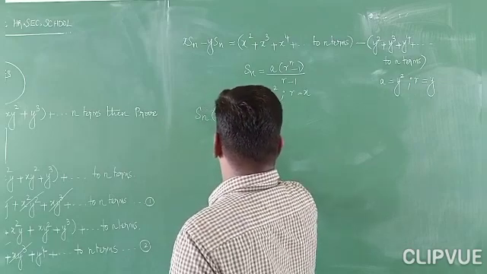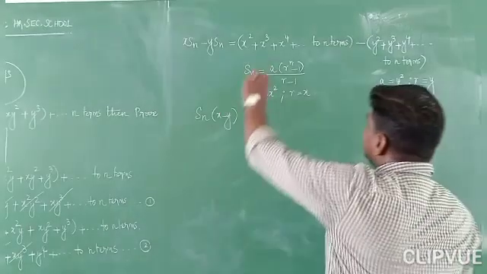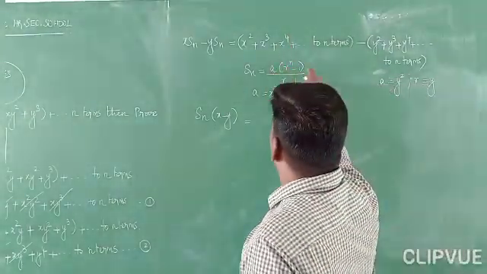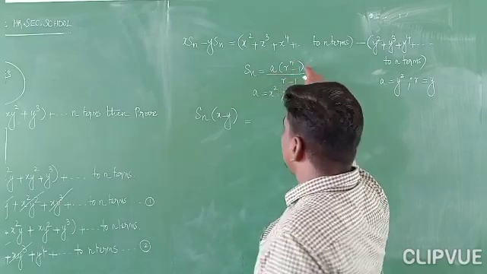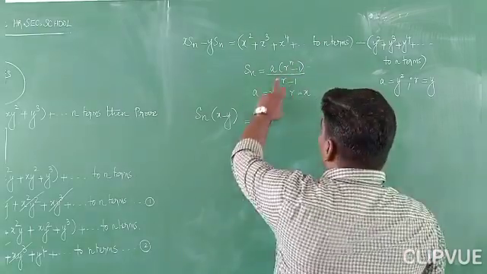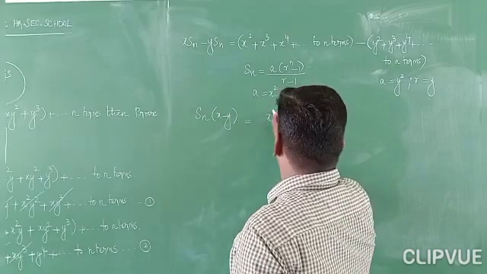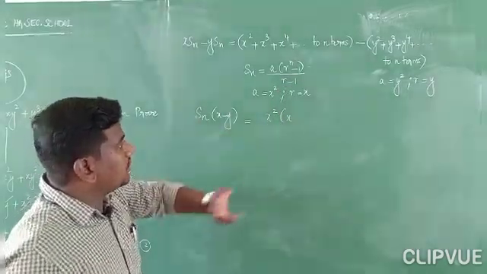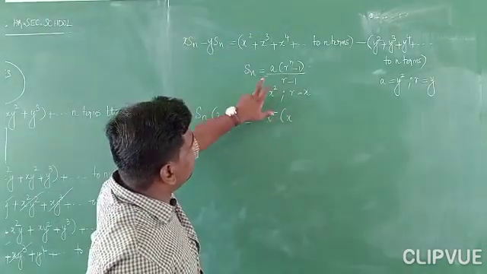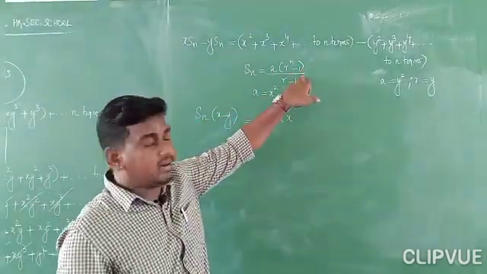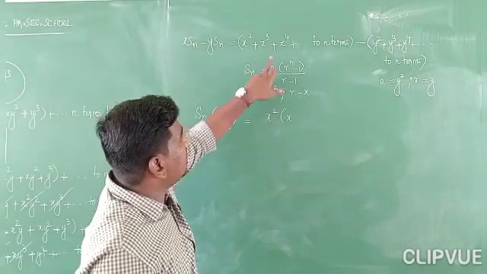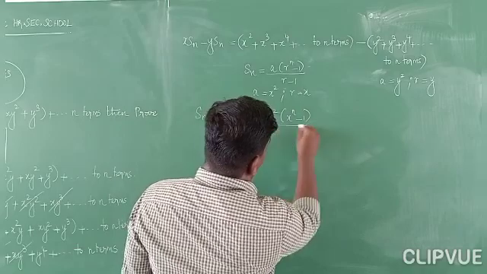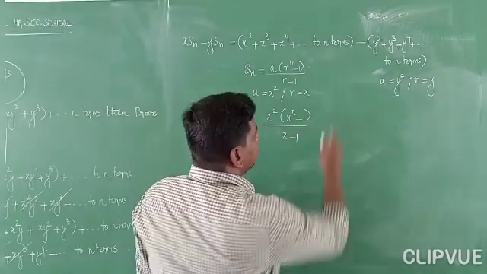Sn of x minus y is equal to, instead of the first geometric series, I am going to replace this formula a of r power n minus 1 divided by r minus 1, where a is equal to x square, r is equal to x, so x power n minus 1 divided by x minus 1, minus this.